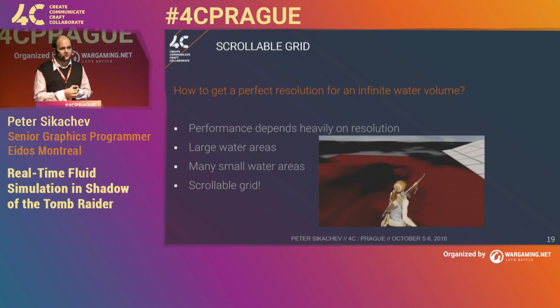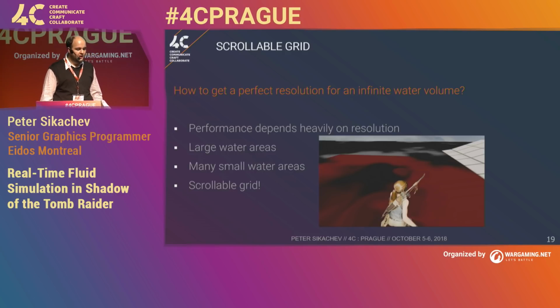And the solution to it is actually a scrollable grid. As you can see on the screenshot, the red areas stand for our simulation grid. And on the edges of it, in the white areas, it's basically a static mask.